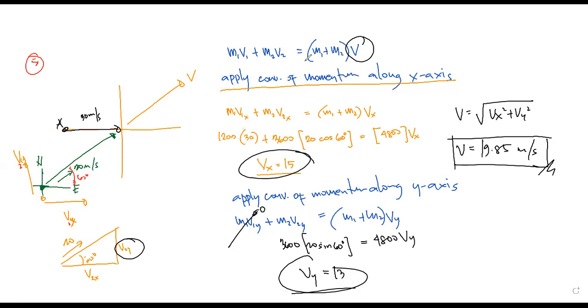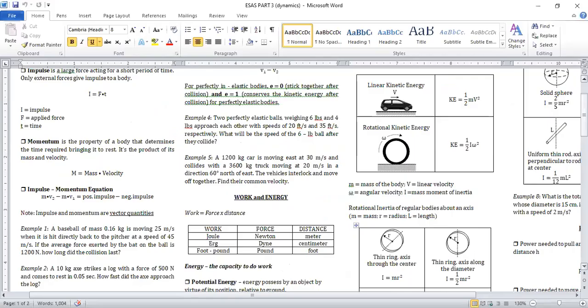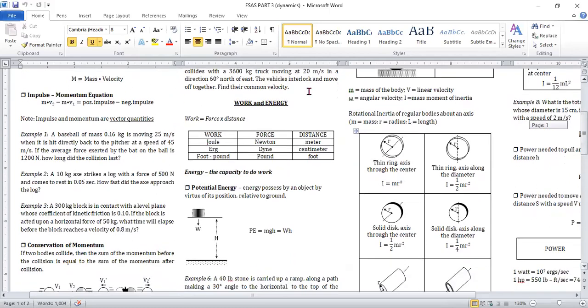Now we go to the next topic, which is about work and energy. We define work as the product of the variable force multiplied by the distance.